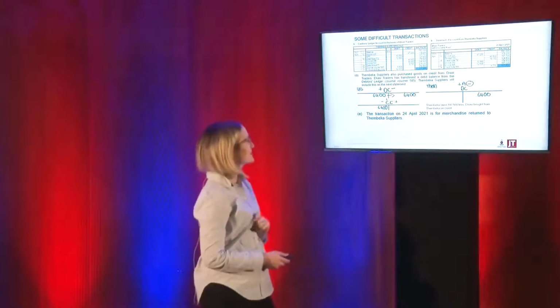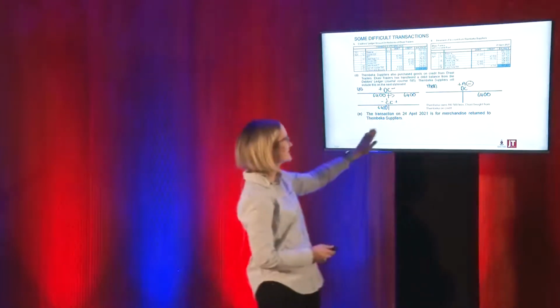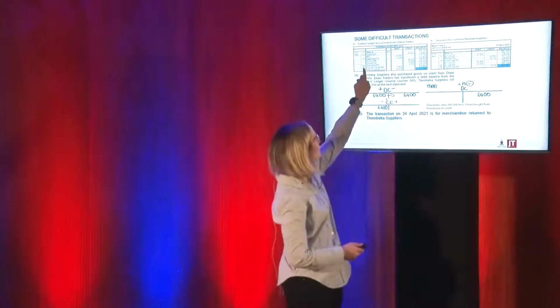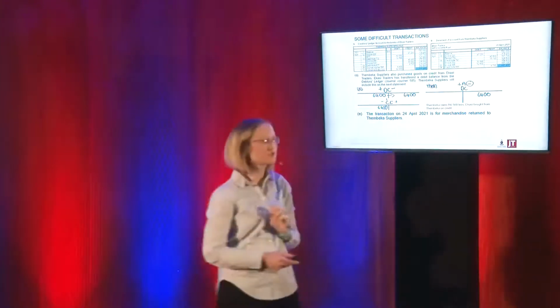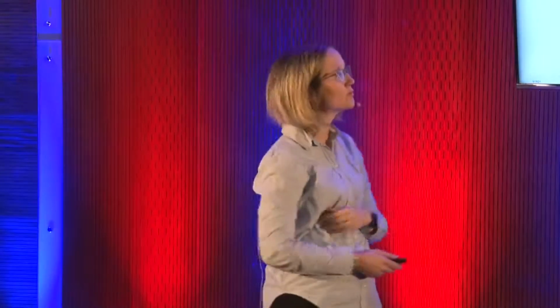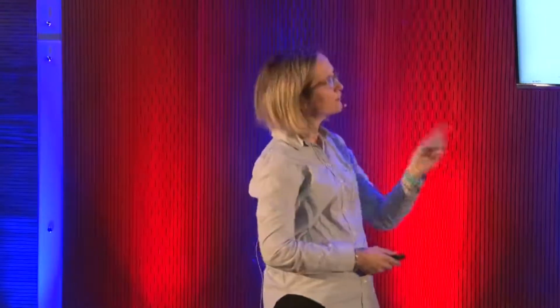Looking at the next transaction. The transaction on the 24th is for merchandise returned to Tembeka Suppliers. Know your basics. When we return goods to our suppliers, it means that we will issue them with a debit note. Once they've processed that transaction, they will issue us with a credit note.